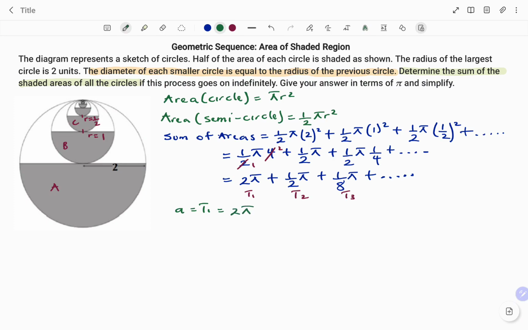My common ratio, r, is equal to the term in front, T2, divided by the term behind, that's also equal to T3 over T2. So I can use either. I'm going to use T3 over T2. So that's 1 over 8 pi divided by T2. That's 1 over 2 pi.